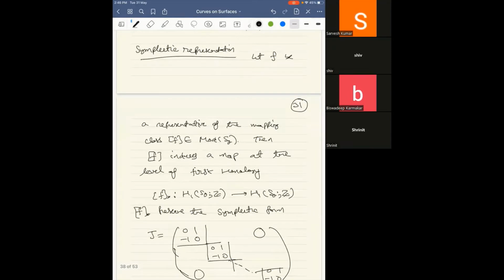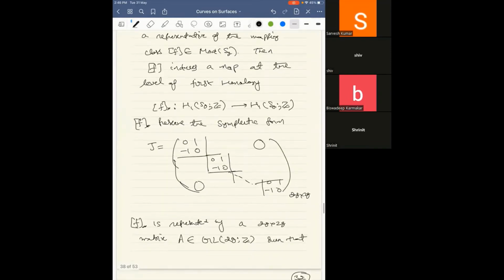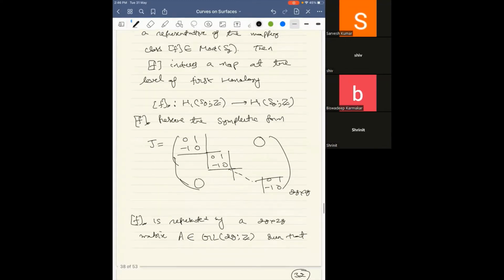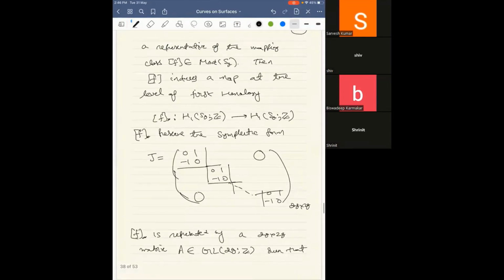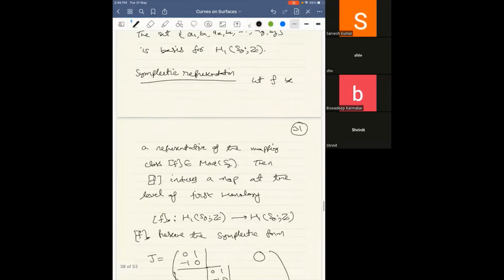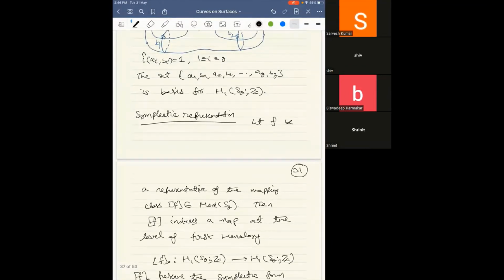And so one can see this action gives you an element which preserves this form. Let's see where this J comes from. You have this ordered basis a_1, b_1, a_2, b_2, up to a_g, b_g.